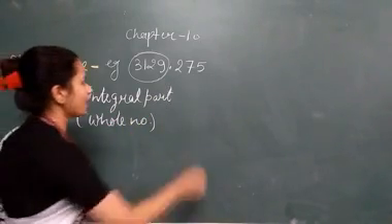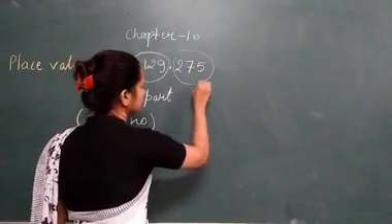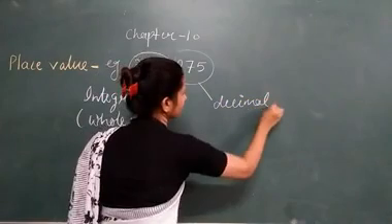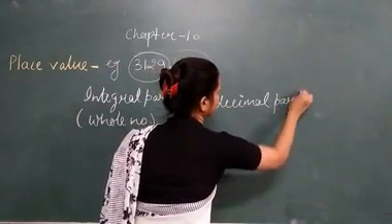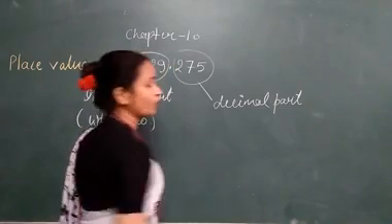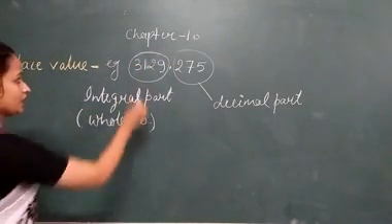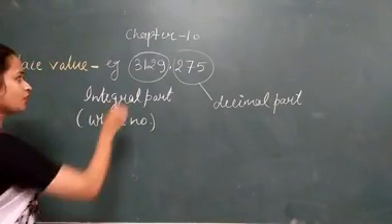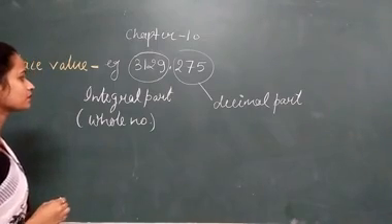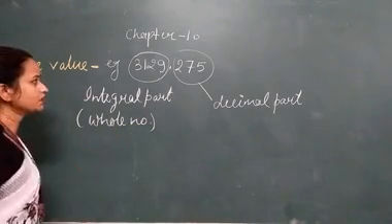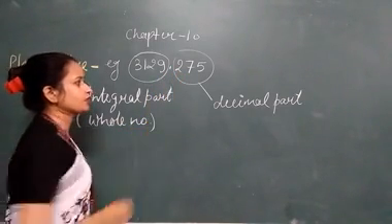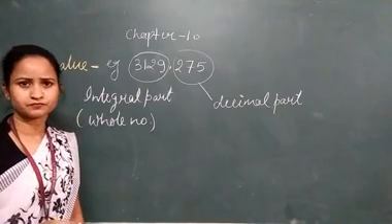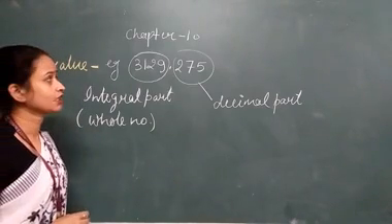Okay, and this one is the decimal part. Before the decimal point, all these numbers are the whole number, and after the decimal point, this is the decimal part. Understood?